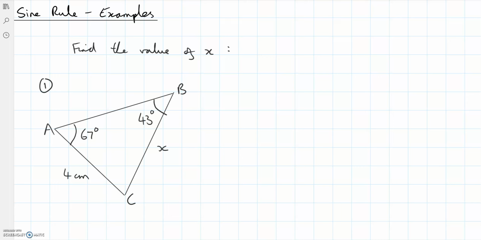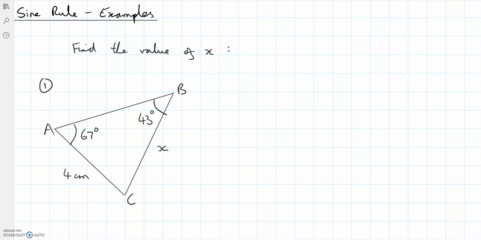What highlights that we're going to use sine rule here is that if you're ever given an angle and the length of its corresponding side, so in this case we've got the angle B, which is 43, and we've got the length of the side opposite that angle, which is 4 centimeters, then there's a high chance that you're going to be using sine rule in order to find x.